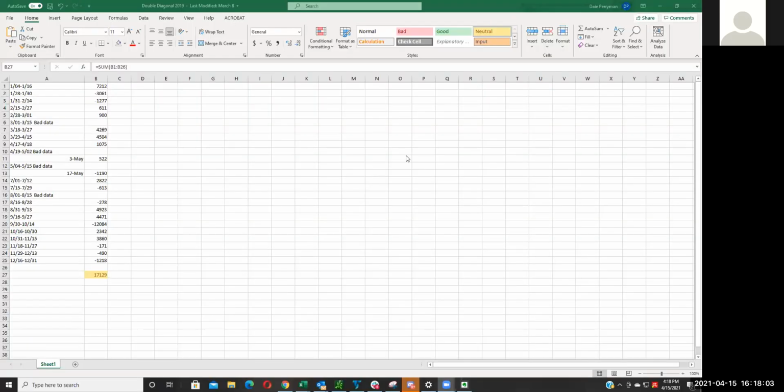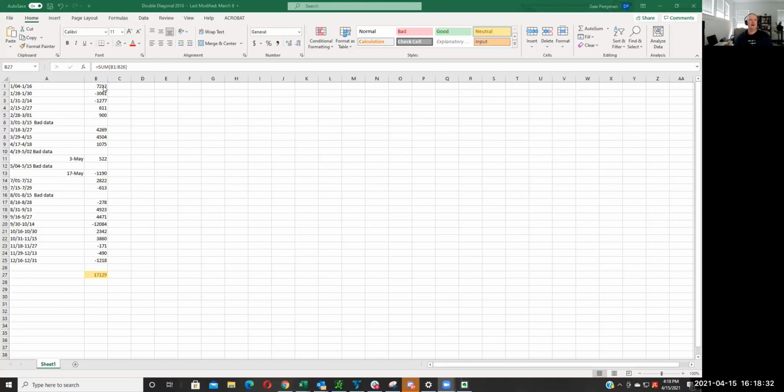2019. This is a double diagonal. So what I did is I put on both puts and calls. In each 2-week period, I reset it, and this is the P&L for each 2-week period. There were 3 pieces of bad data, and sometimes you encounter that in TOS.